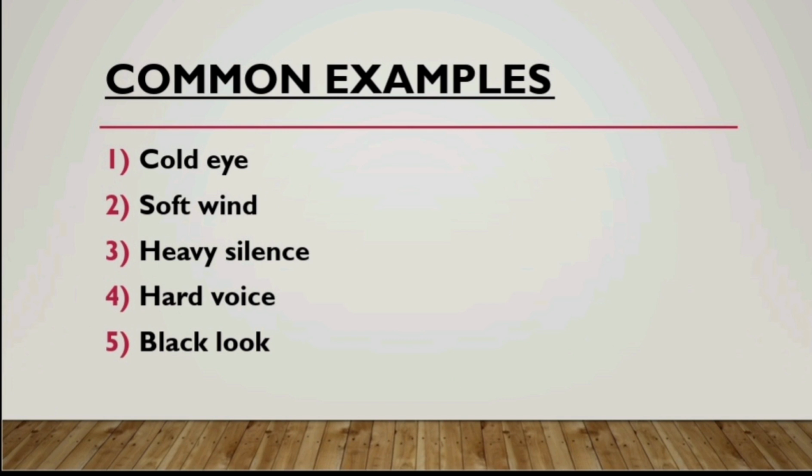So, heavy silence is a silence when there is nothing to say and it's very awkward. Next is hard voice. Hard is a material that you can touch and voice is that you hear, abstract. So, hard voice means a very harsh voice. Black look. Black look means a very fearful, dangerous and a blank look. So, those were some examples of Synaesthesia.